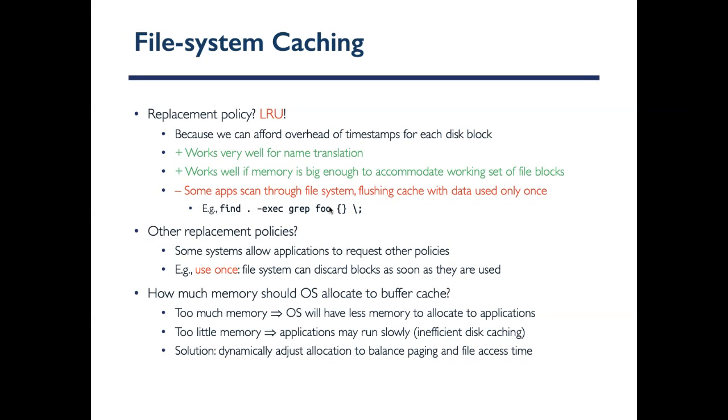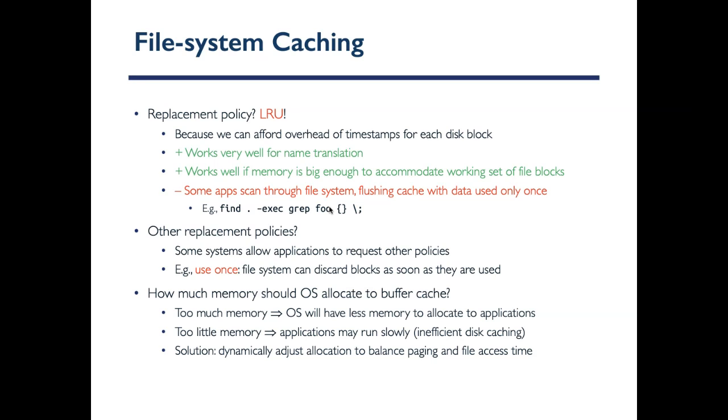And so one thing that you can do is to dynamically adjust how much memory you give to the buffer cache. If you constantly check the paging rate, so see how often you're evicting pages from processes, that tells you if you're not evicting at all, it means that processes are happy.